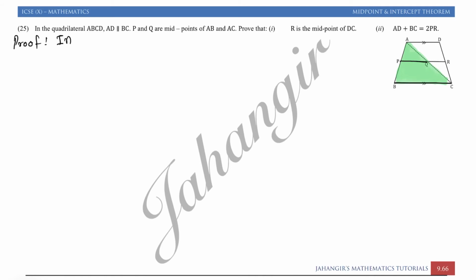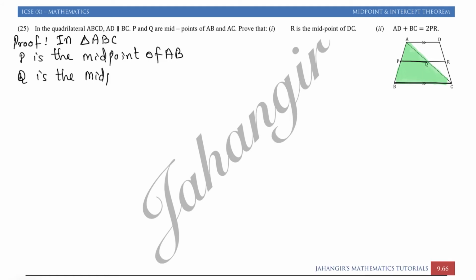So in triangle ABC, P is the midpoint of AB, Q is the midpoint of AC.